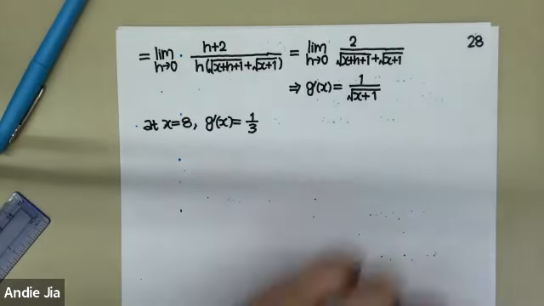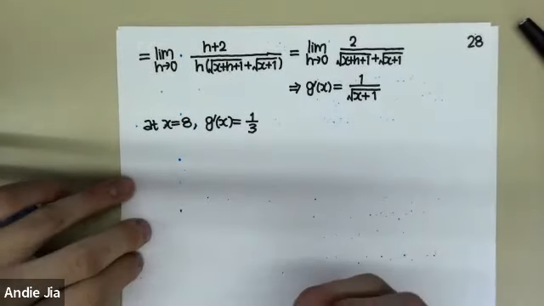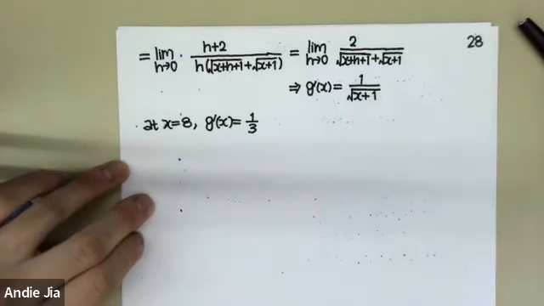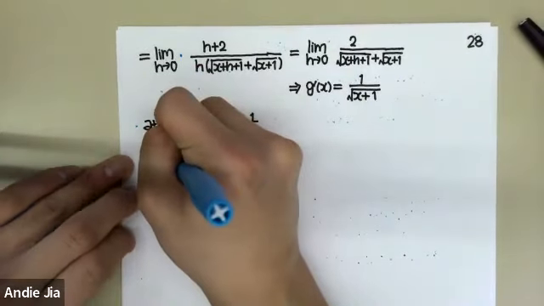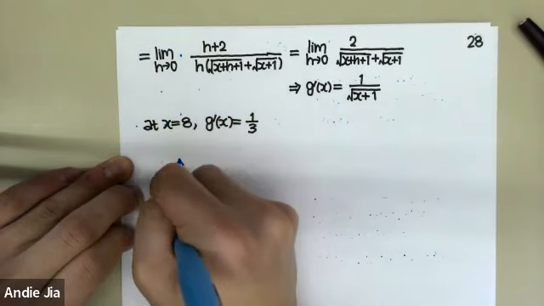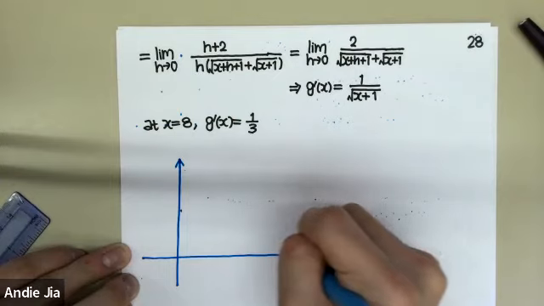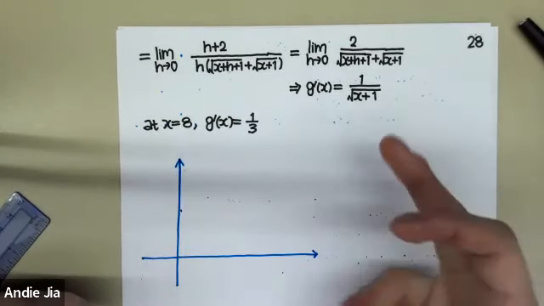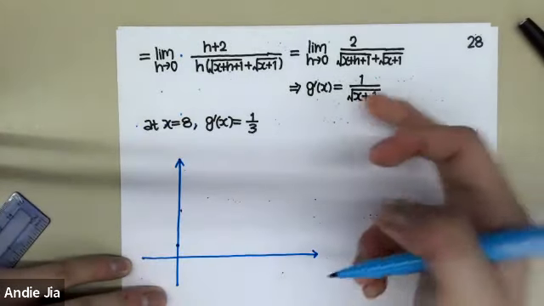And putting in the geometry context, there is a vertical asymptote at x equal to -1. So this is the graph of g prime of x. It can be like a 0, can be like a -1.